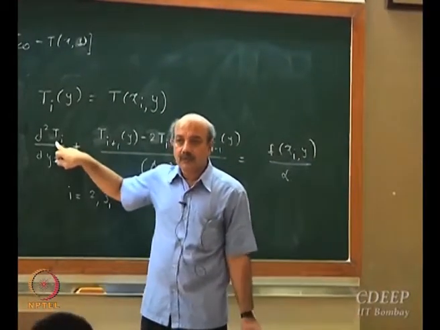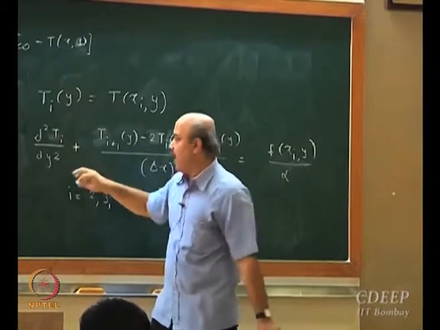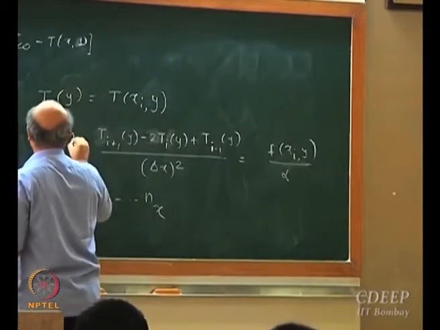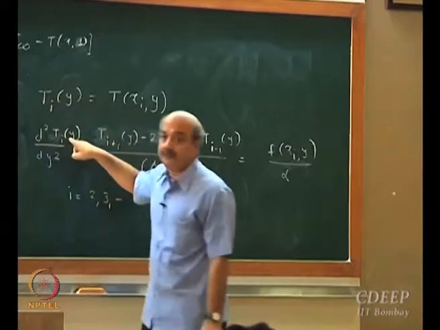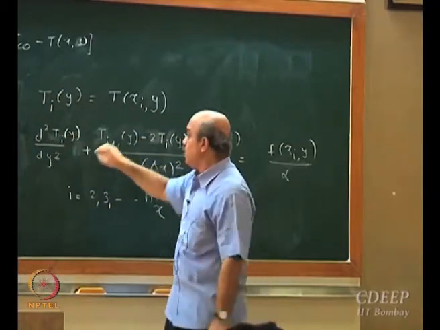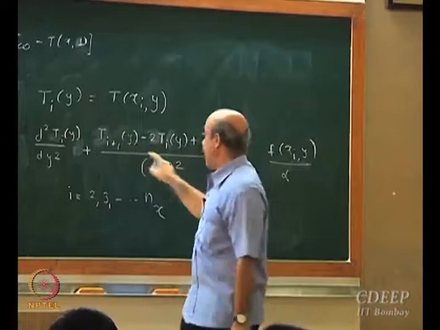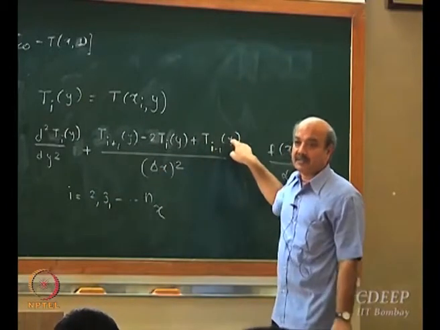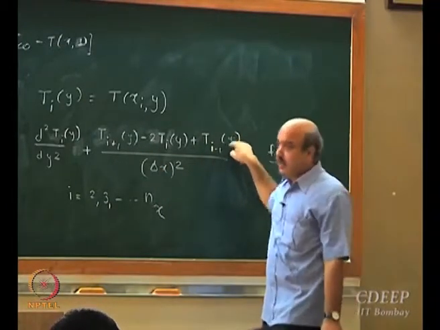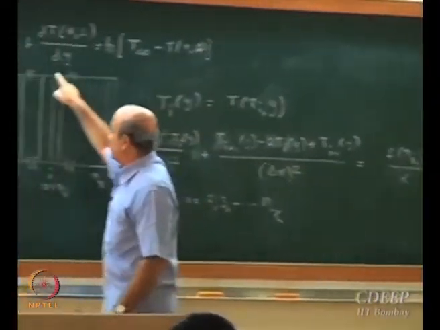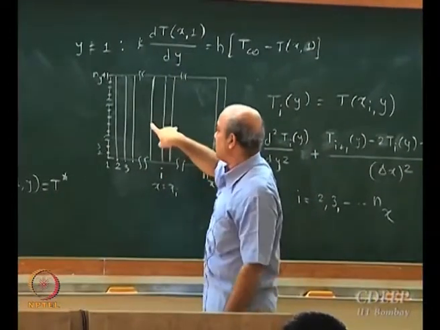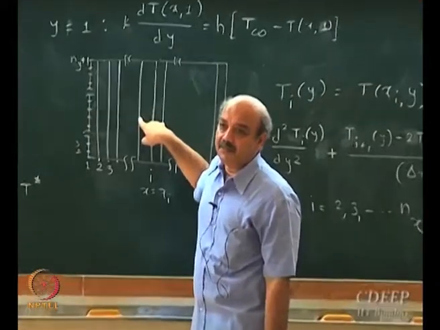The ith value, or T_i(y), is related to T_(i+1)(y) and T_(i-1)(y). So the temperature on the ith line is a function of the temperature on this line and this line.